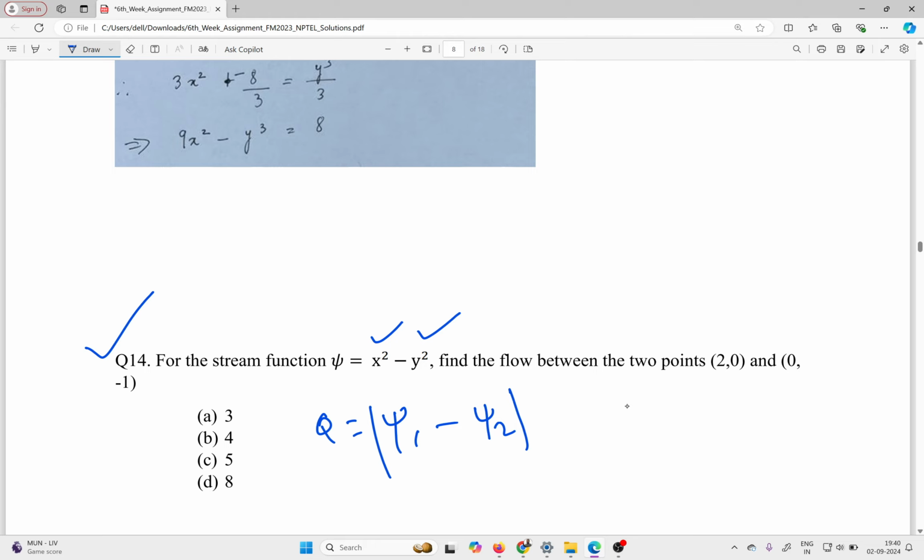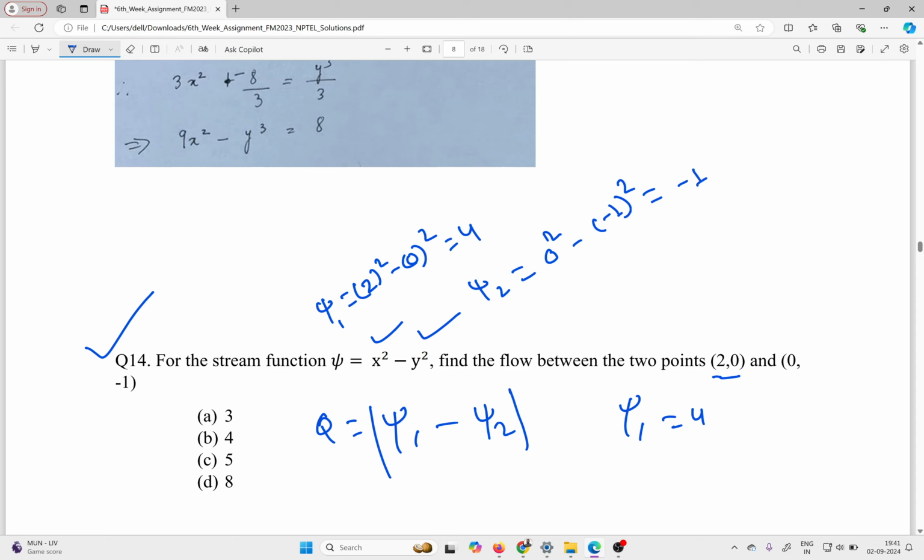Phi 1 at that point: x equal to 2, so phi is equal to 2 square minus 0 square, you will get 4. And phi 2 is given 0 comma minus 1, so 0 square minus 1 square, you will get minus 1.